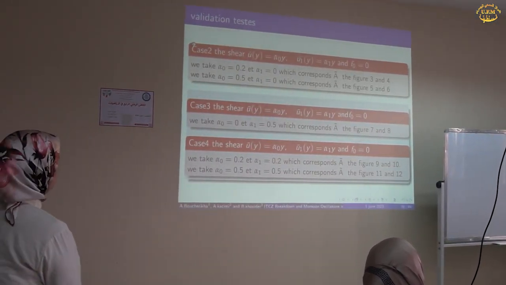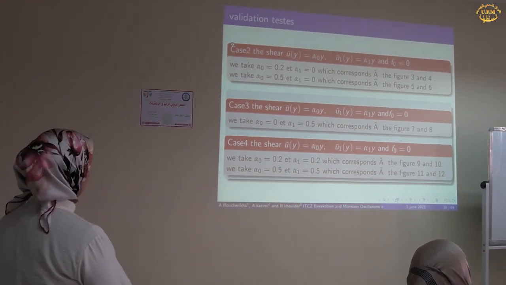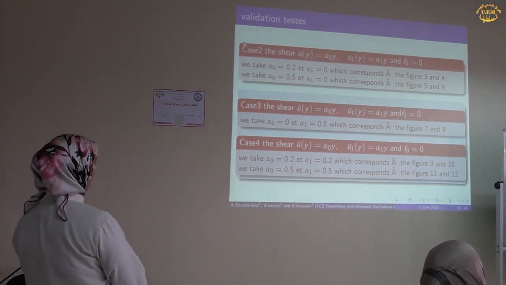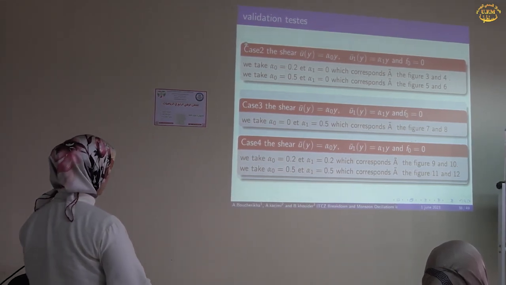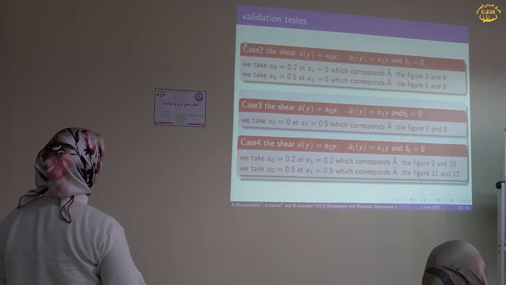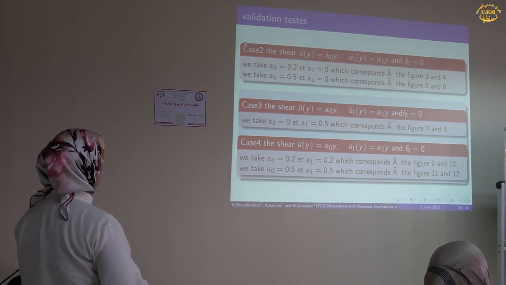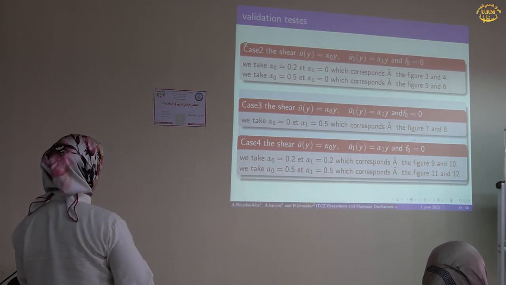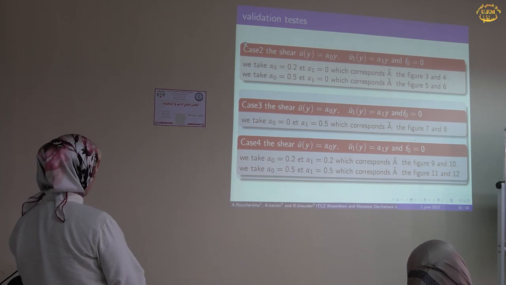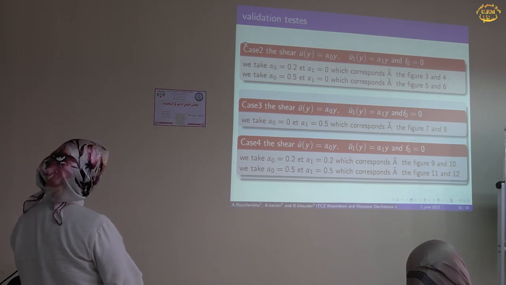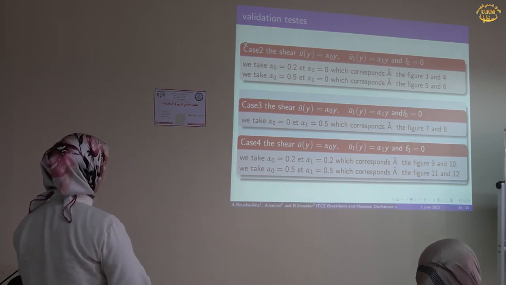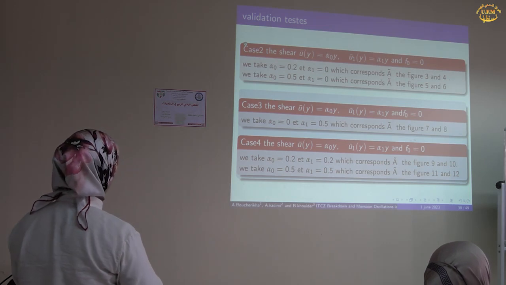For case number 2, we put alpha 0 equal to 0.2, and alpha 0 equal to 0.5, and alpha 1 equal to 0. In case number 3, we take alpha 0 equal to 0 and alpha 1 equal to 0.5. And in case number 4, we take alpha 0 equal to 0.2 and alpha 1 the same, 0.2, and alpha 0 equal to 0.5 and alpha 1 equal to 0.5.